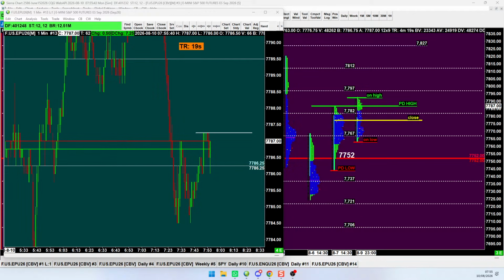Once you've got your analysis, are they in accumulation? Are they in distribution? Are the candles big? Are the candles small? Is the market moving fast? Is the market moving slow? Where can I make money without putting my entire account and mental health at risk?